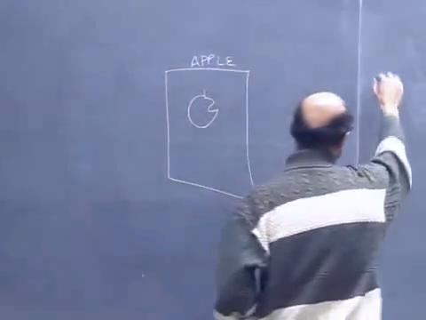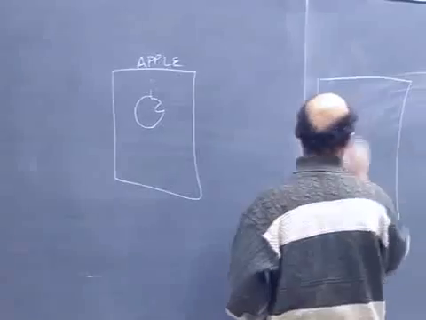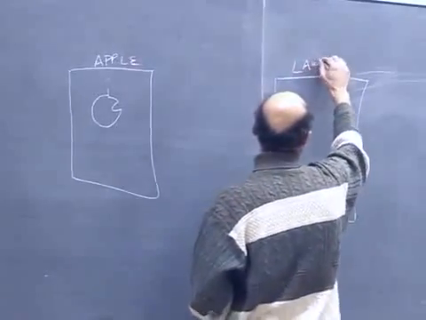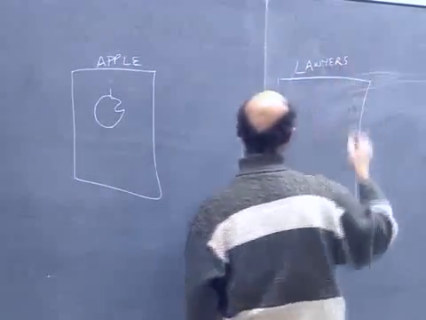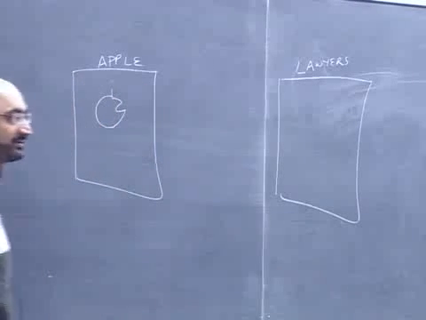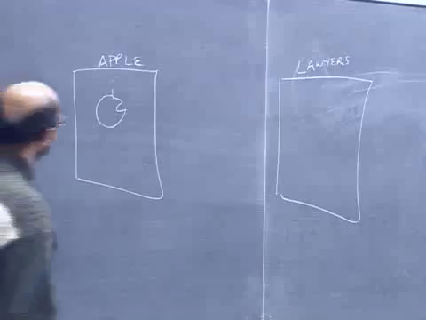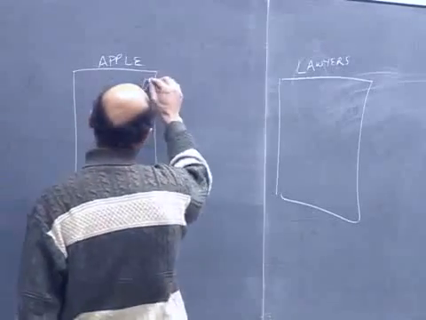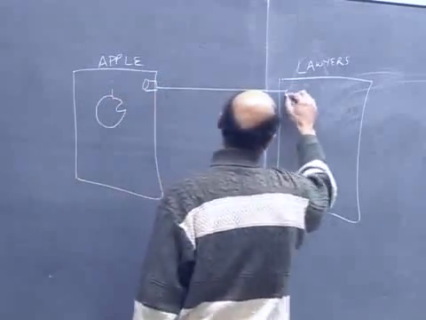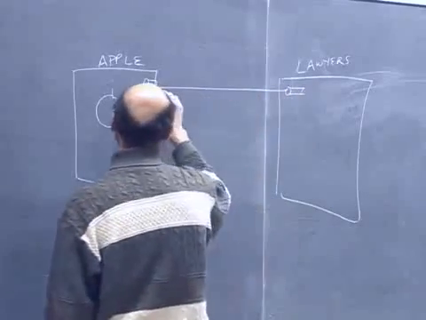And right next to it is Apple's lawyers. And a bunch of people at Apple are calling up the lawyers all the time, right? So they want to talk to each other, and the way they do it is that they basically have lots of tin cans and strings going all the way from front to the other.